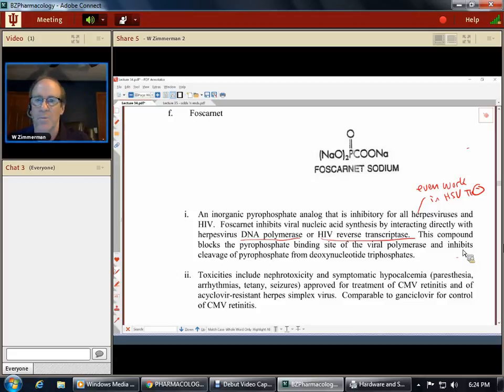It is a pyrophosphate compound, and what it does is it blocks the pyrophosphate binding site of the viral polymerase. Also inhibits the cleavage of the pyrophosphate from the deoxynucleotide triphosphates, and therefore no phosphodiester bridge.